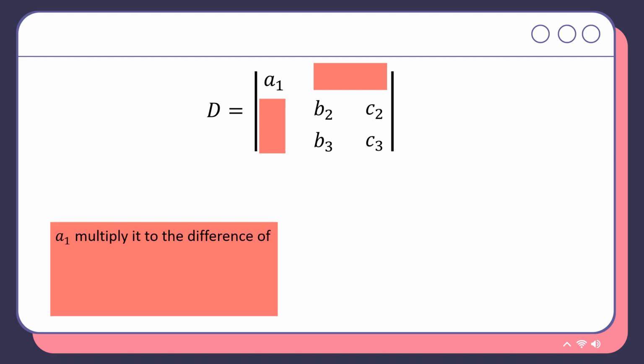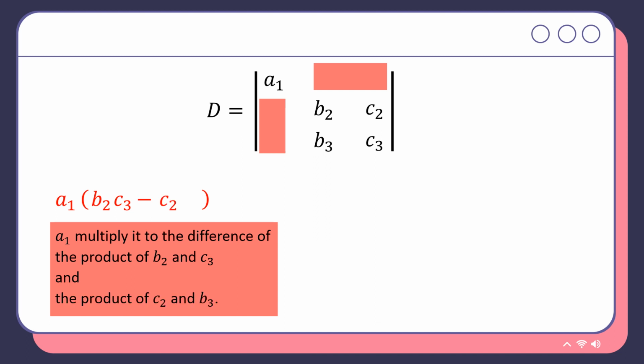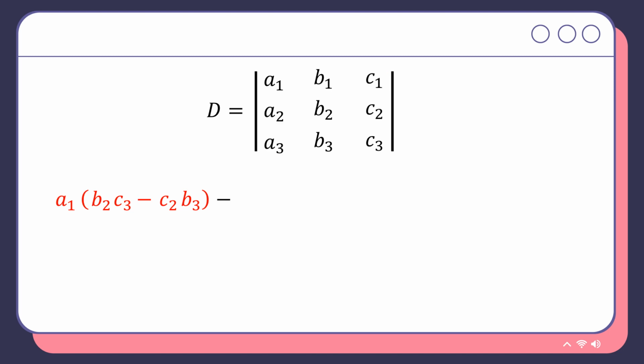A sub 1 will be multiplied to the difference of the product of B sub 2 and C sub 3, and the product of C sub 2 and B sub 3, minus, this time we are going to cover A sub 1, C sub 1, B sub 2, and B sub 3.